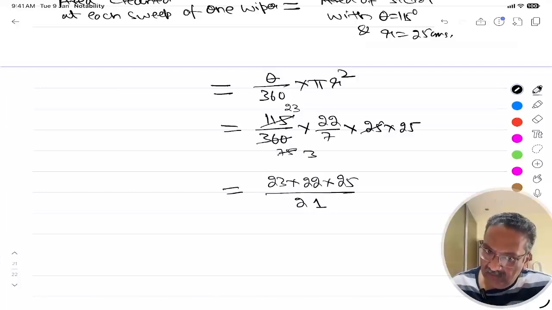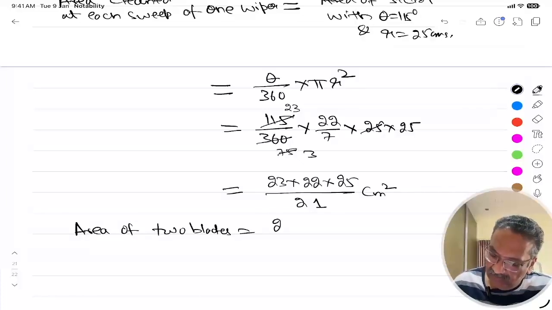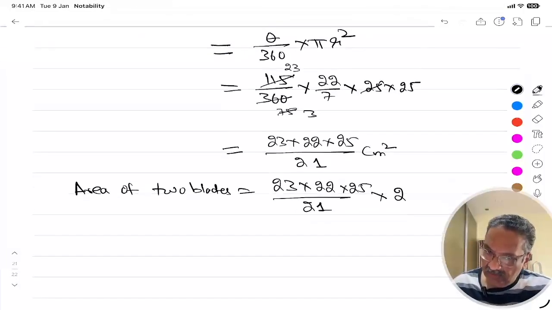All right, now area of two blades will be 2 times this, that is 23 into 22 into 25 by 21 into 2.